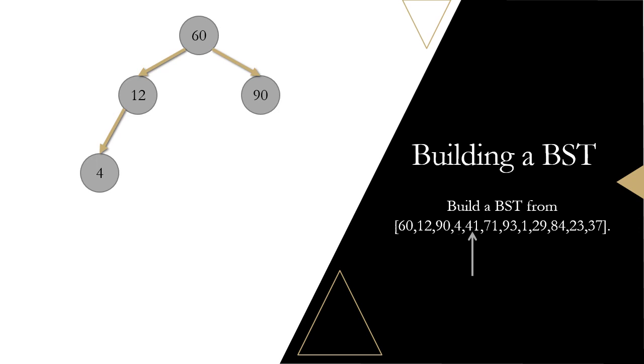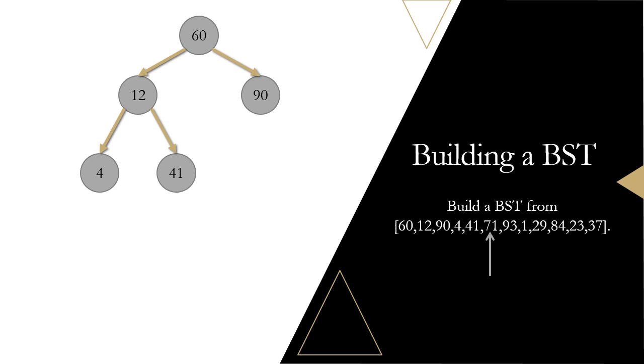The next number is 41. Start comparison with the root. 41 is less than 60. Move to the left. We come to 12. 41 is greater than 12. We should move to the right, but there is no right. So I make 41 the right child of 12.